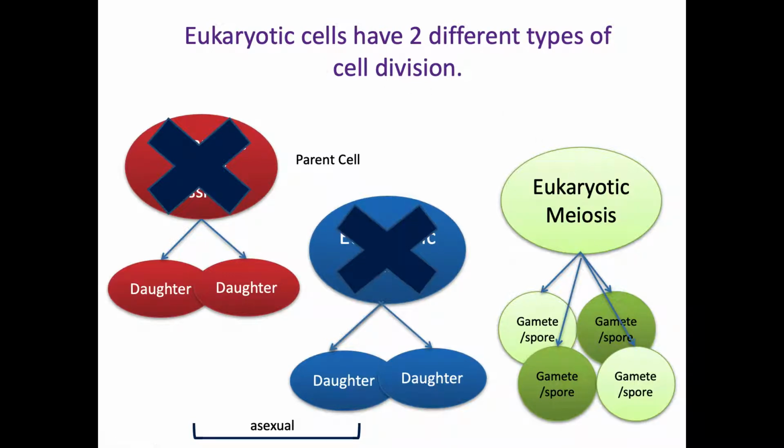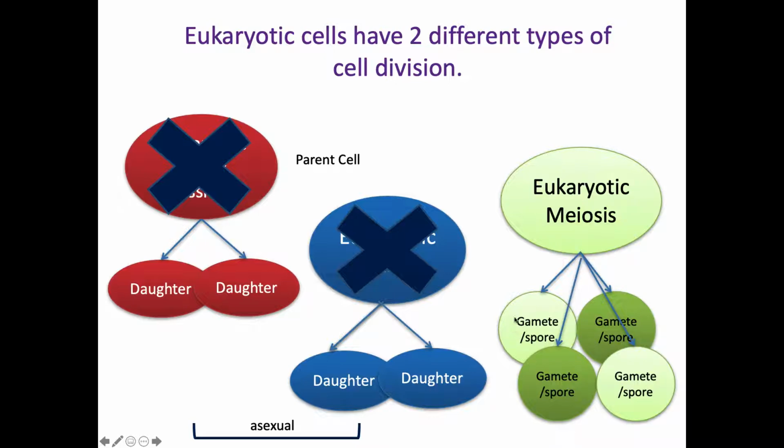The third type of cell division is known as meiosis, and it is found in eukaryotic cells only. Meiosis is different from mitosis for a number of reasons. We'll discuss those reasons in detail when we talk about meiosis, but in general, this involves two rounds of division and not one.